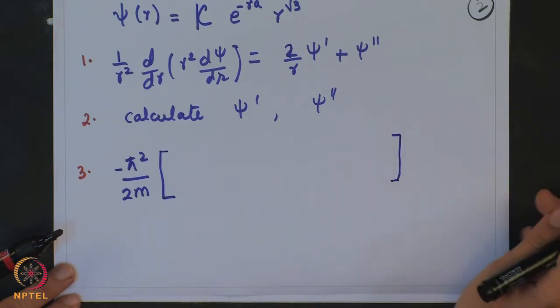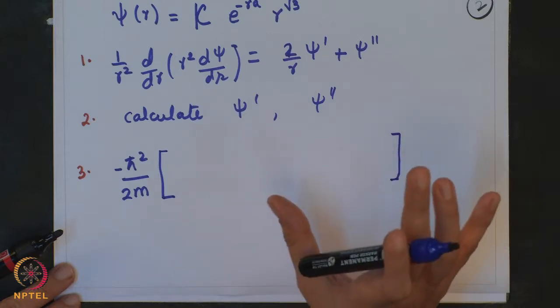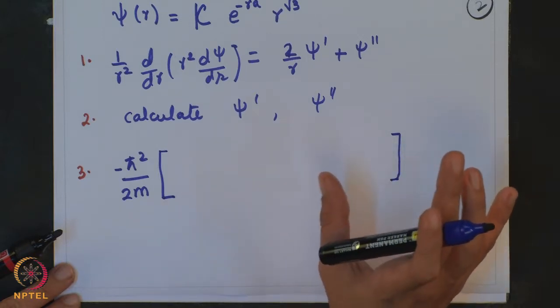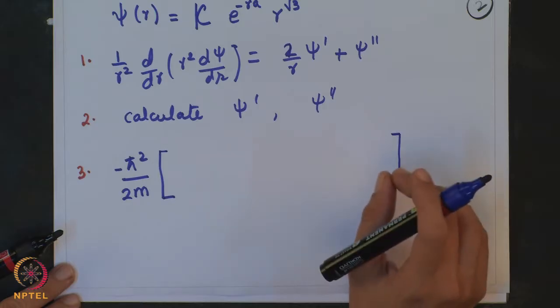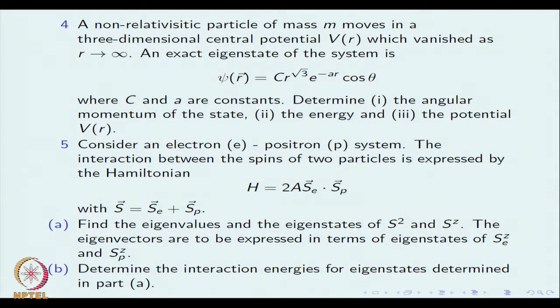And remember, the kinetic term, that is h cross square upon 2m 1 by r square d by dr of r square d psi by dr, that part you will evaluate.